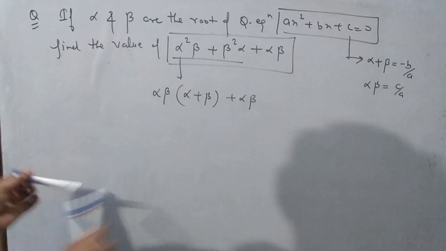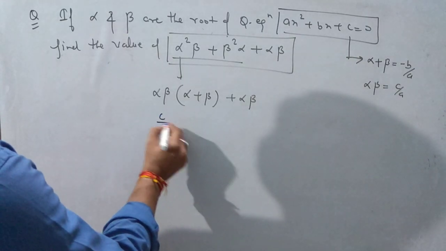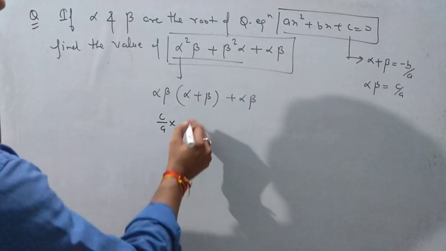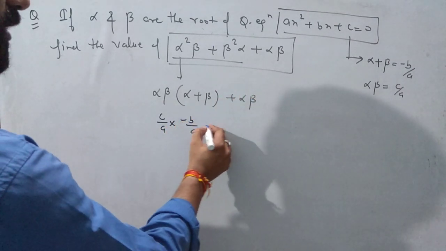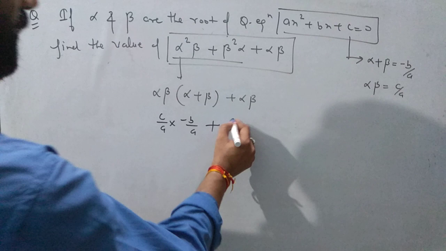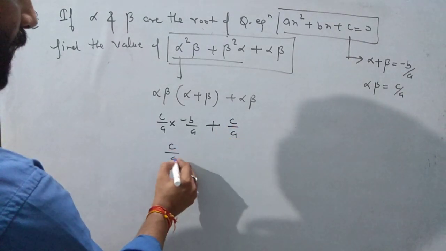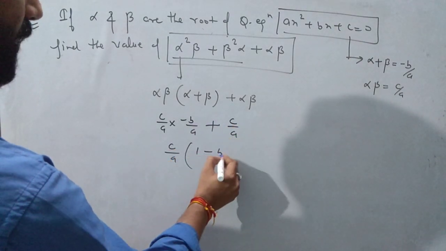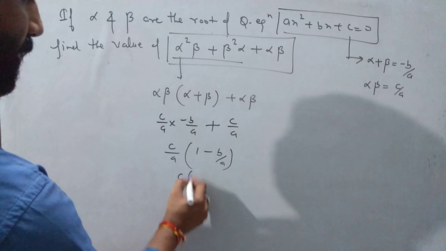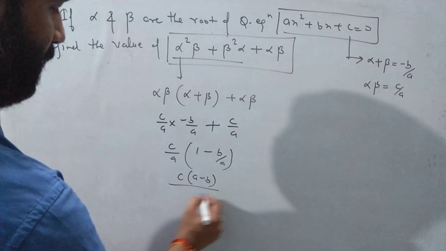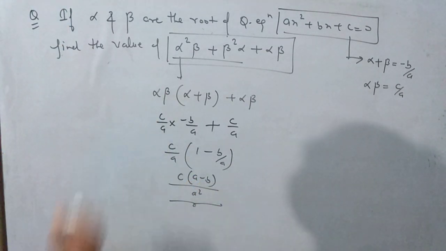You know the value of alpha beta is c by a, and alpha plus beta is minus b by a. Taking c by a common, it is c by a times 1 minus b by a, so c times a minus b upon a square. This is the way we can find the value. It's a very easy question.